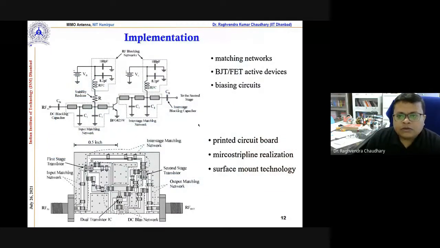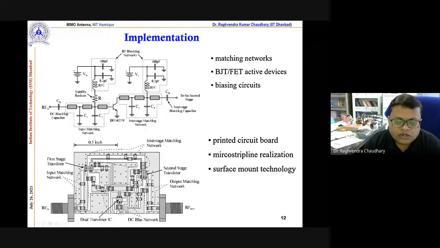Now, if you talk about the implementation part, we should definitely do the circuit first. We should learn about biasing circuits, different active and passive devices, followed by how we will manage it on the substrate. So the printed circuit board is very common among RF engineers. This is the realization.